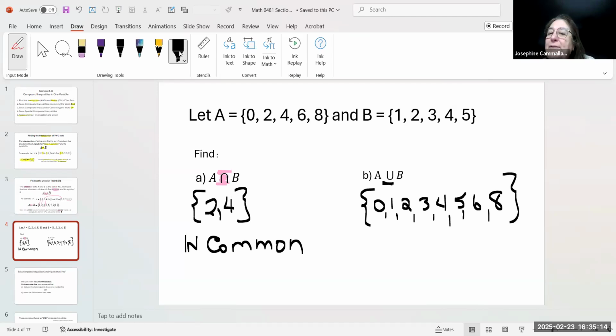Union is putting everybody together. It's like joining a family. You're uniting. Okay? So if you unite, you have more numbers. The intersection is what you have in common. You are uniting, joining together. Okay?